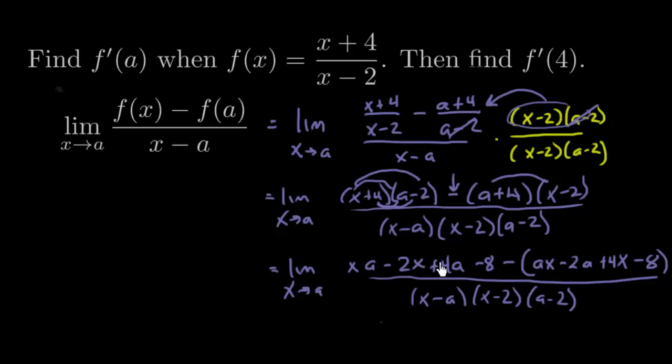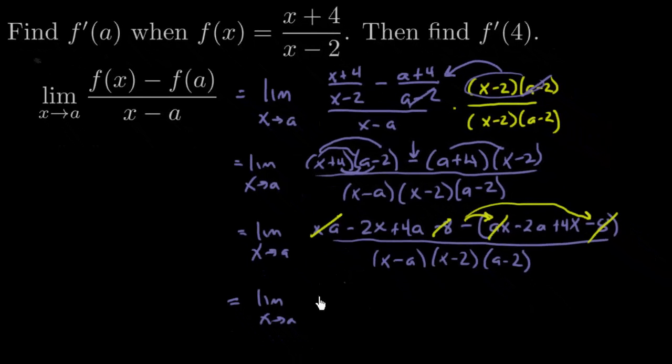Okay, so let's see what we have here. We have an xa, and then we're going to have a minus xa, so those cancel. What else do we have? We have a minus 8 and a minus negative 8, so those cancel. So what's left is a minus 2x.